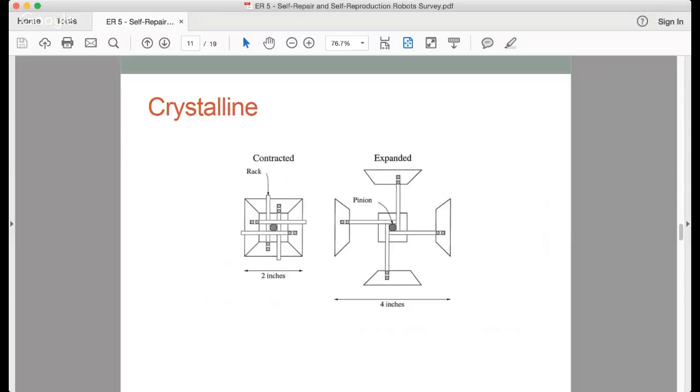So the researchers did not address detecting module failure. They might discuss it in a different research paper that I haven't seen yet, but all the resources that I have do not include detecting module failure.